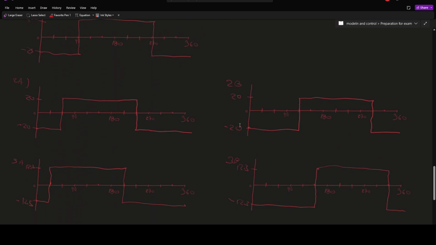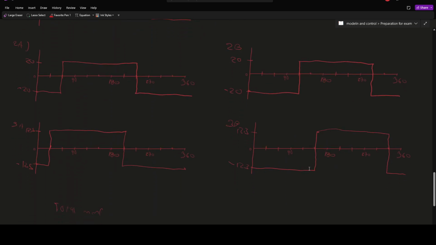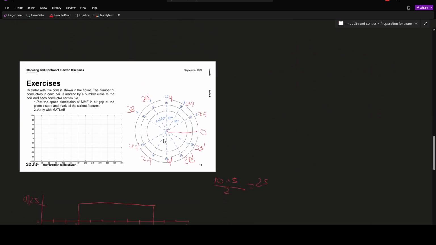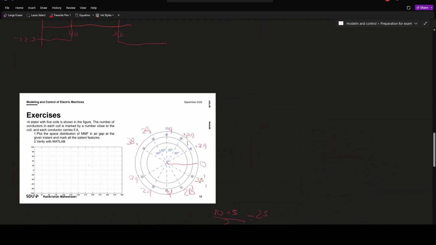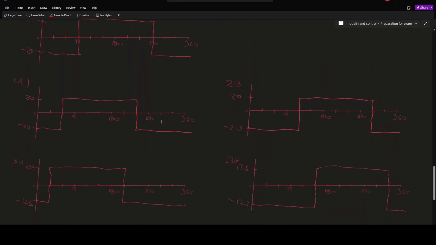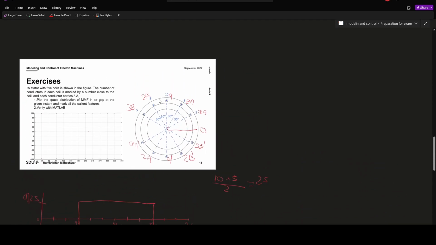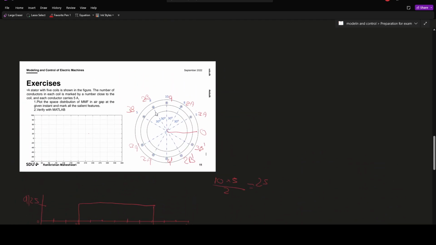And that's what we have here. And then it is positive 180 degrees, and then it's negative again. So it's the same MMF, just that it shifts 30 degrees depending on where we place the coils.